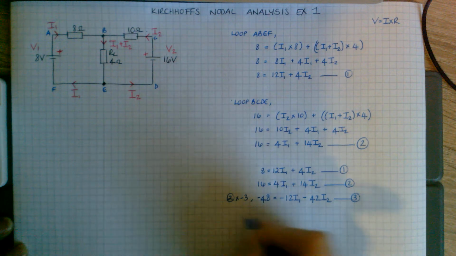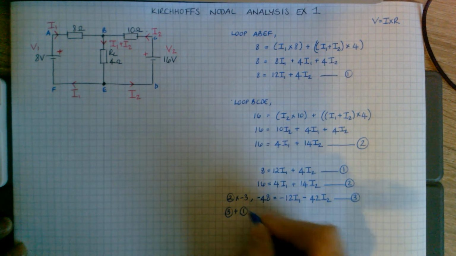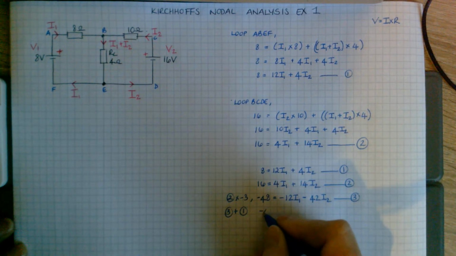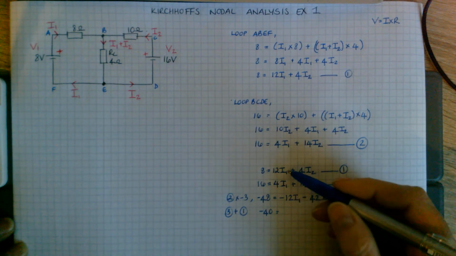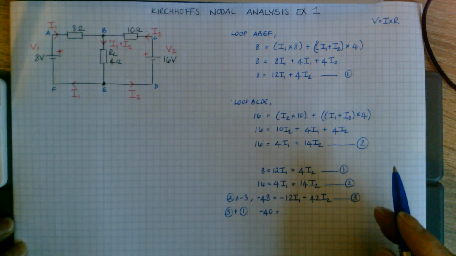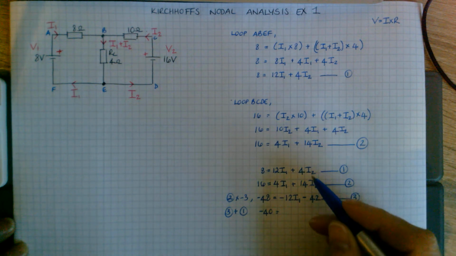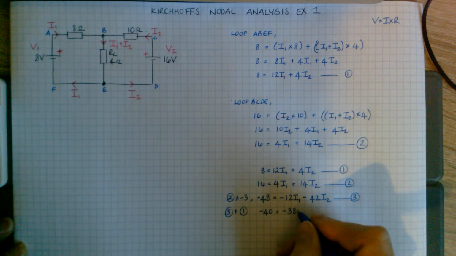Then I'm going to add my equation 3 and my equation 1 together. So I've got negative 48 plus 8 gets me negative 40. Negative 12I1 plus 12I1 gets me 0 I1s, that's cancelled. Then negative 42I2 plus 4I2 gets me negative 38I2.